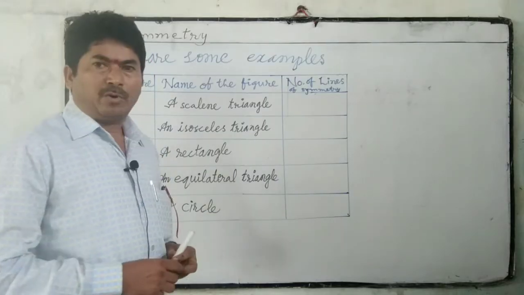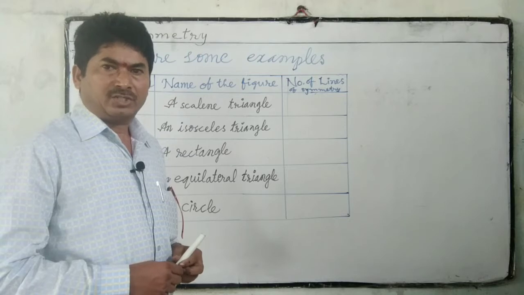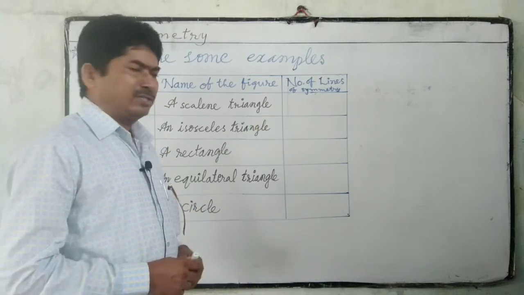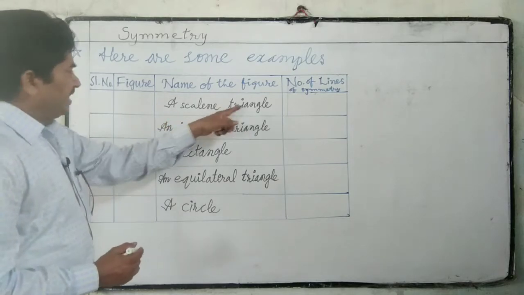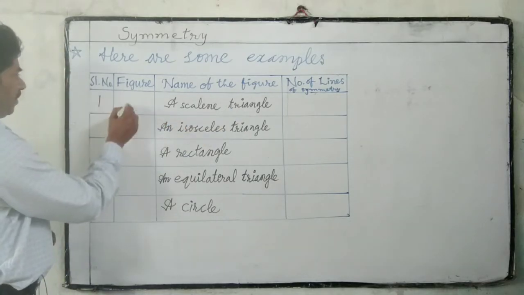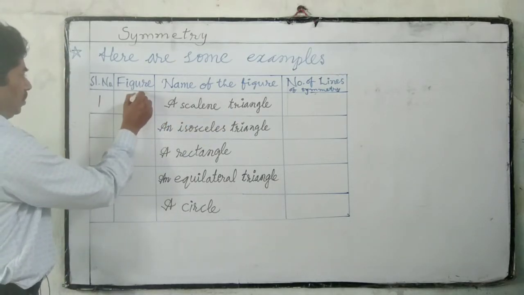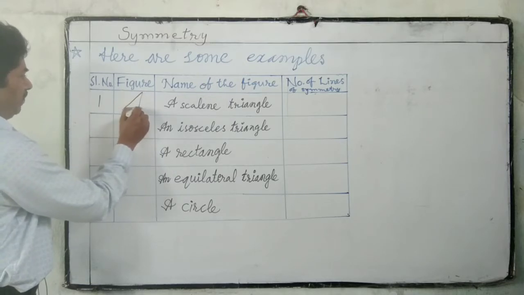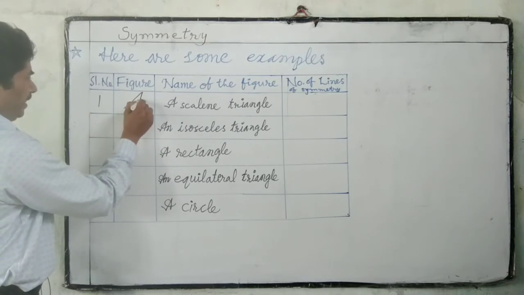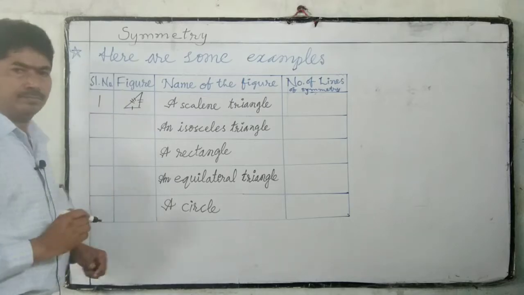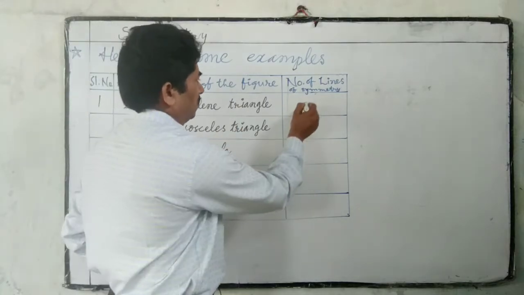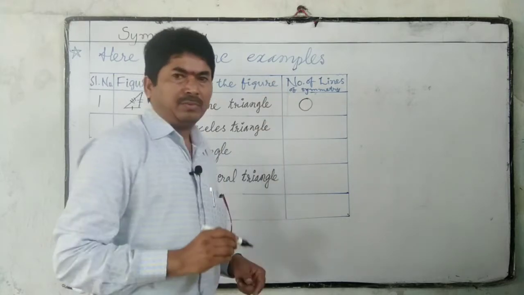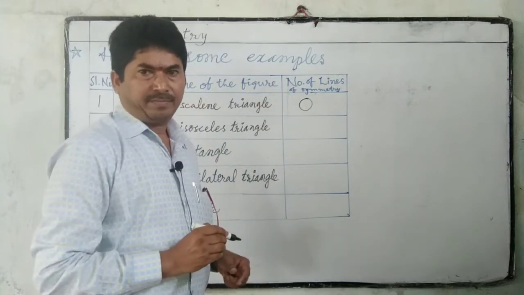Here we have some more examples to understand the number of lines of symmetry. First, a scalene triangle. No two sides are equal in a scalene triangle. So it has no lines of symmetry.